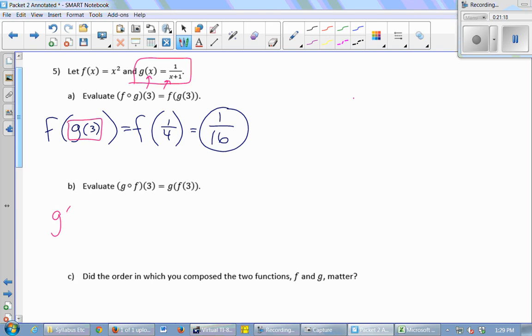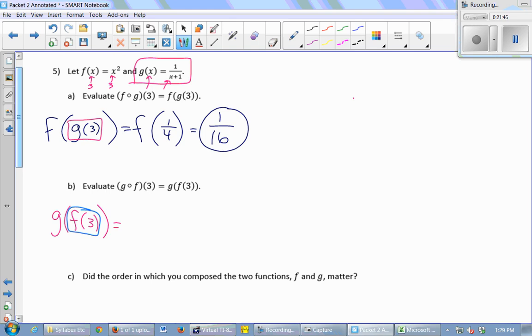So g of f of 3. Again, work from the inside out. We just want f of 3 first. You look at your f of x function, f of x equals x squared. If you replace the x with a 3, you replace all your x's with a 3. So f of 3 is 3 squared, which is 9.